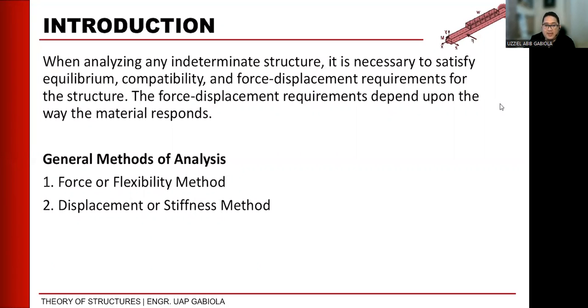Pero in using these two methods kasi, you need other knowledge or prior knowledge dun sa pag-analyze niya na hindi na siya scope nung course natin, sa course description natin. Kaya it is very difficult to share or to actually solve this method kapag wala tayo ng prior knowledge nung ibang analysis natin for deflection.